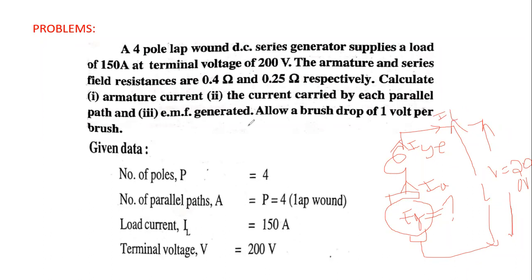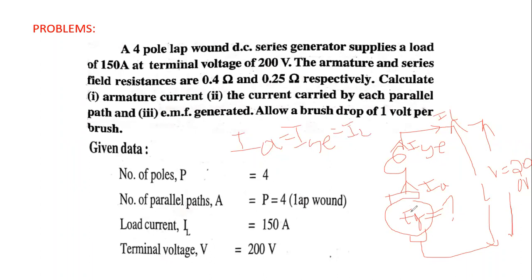Therefore we write down the equations for the currents and the voltages. What is the formula for IA in a series generator? IA is equal to ISC is equal to IL. Why? Because all are connected in series, therefore the currents are the same.